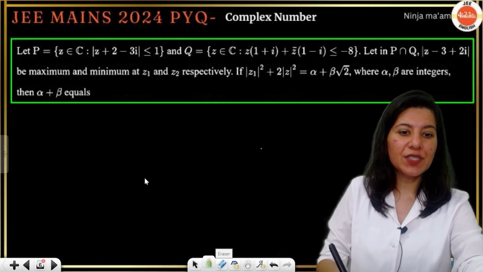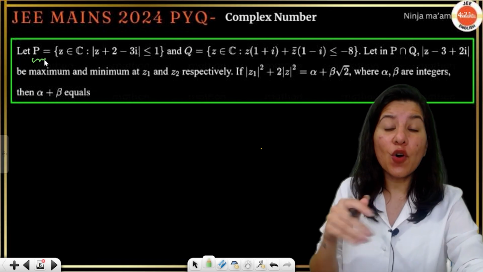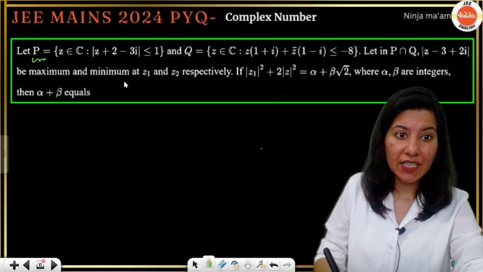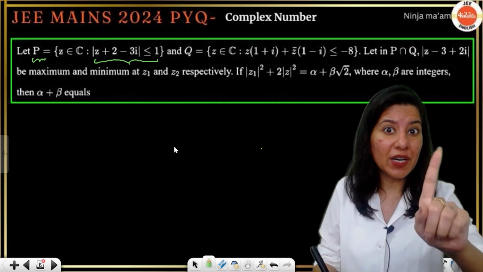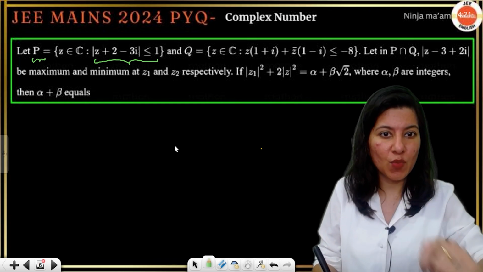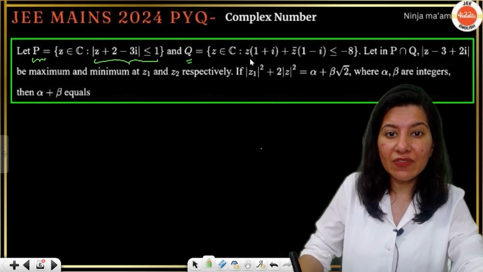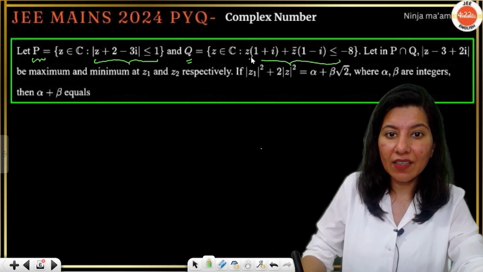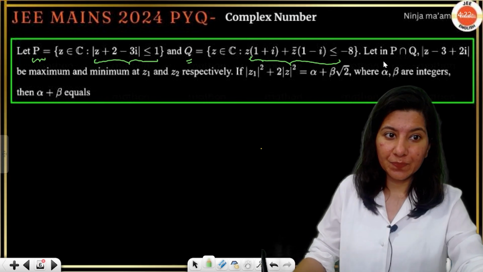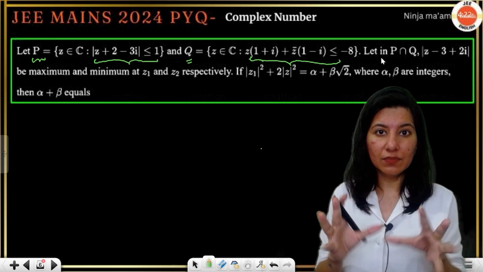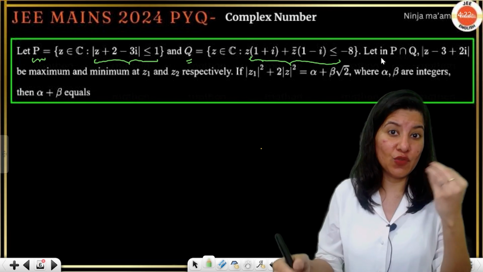All right, the question says let P be a set of all complex numbers which satisfies this thing. Okay, so we need to understand the geometry behind this. Q is a set of all the complex numbers which satisfies this thing. Again, we need to understand the geometry behind this. Now, for P and Q, we can shade the common region of P and Q. Why the common region?